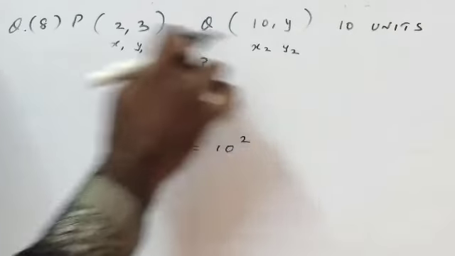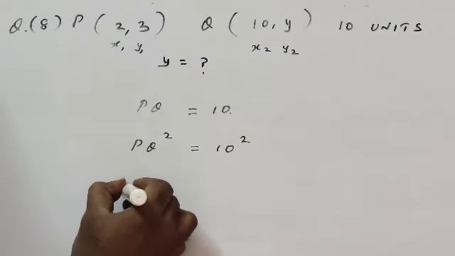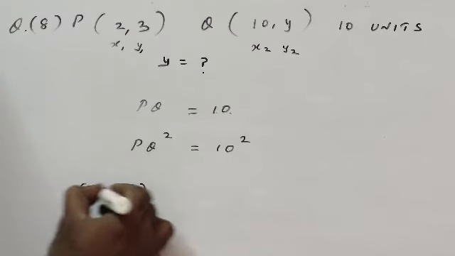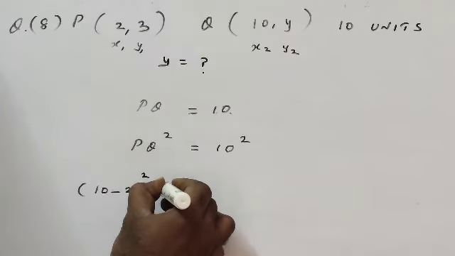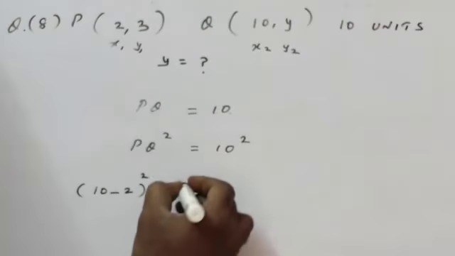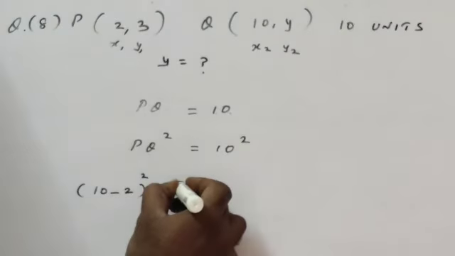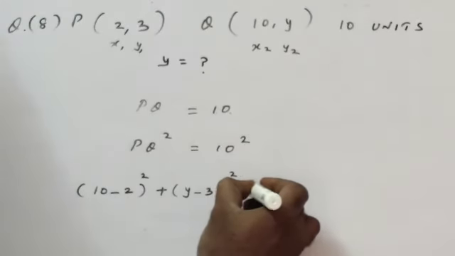Now x2 minus x1, 10 minus 2 the whole square, plus y2 minus y1. For y2 write y, minus y1, that is 3, whole square equal to 10 square, that is 100.